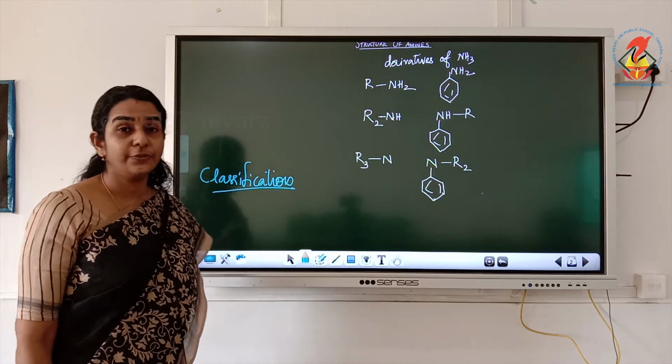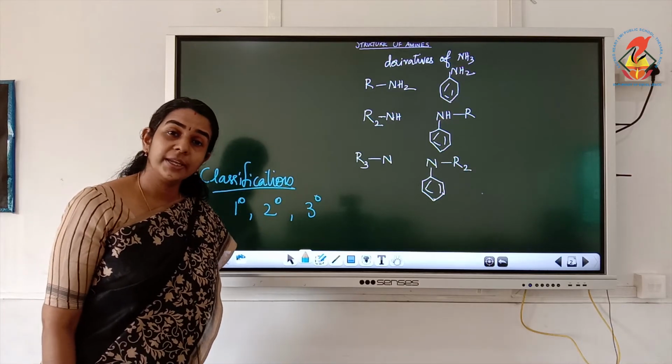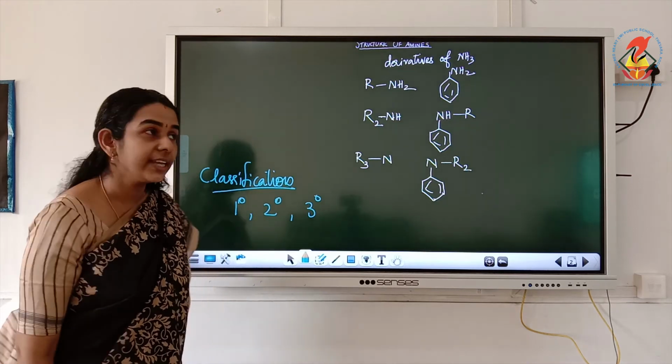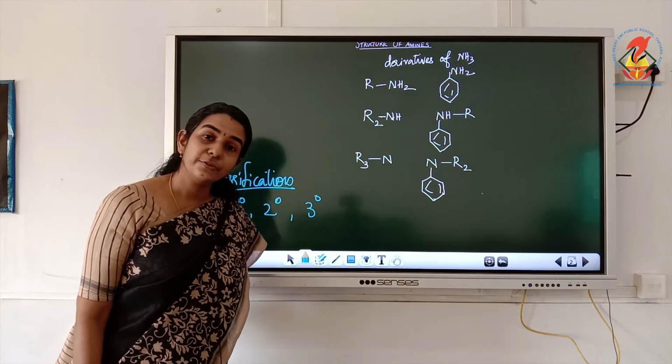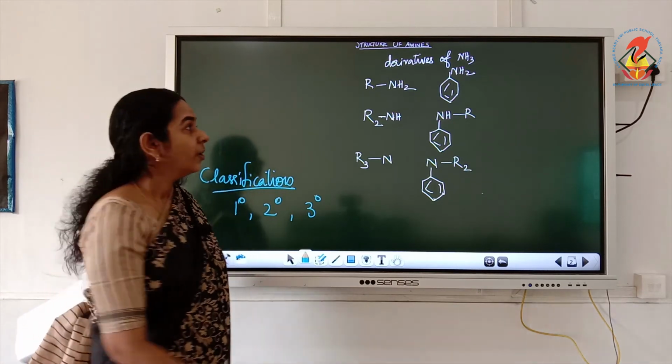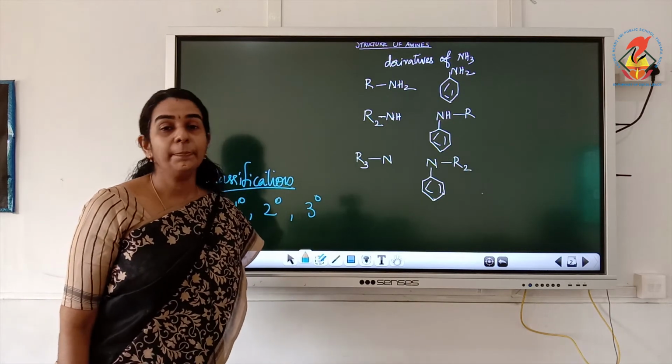Amines are classified as primary, secondary and tertiary amines. Now how can we define primary amines, secondary amines and tertiary amines? See the first case, RNH2, it is an example of a primary amine, or a benzene ring containing NH2, that is another example of a primary amine.